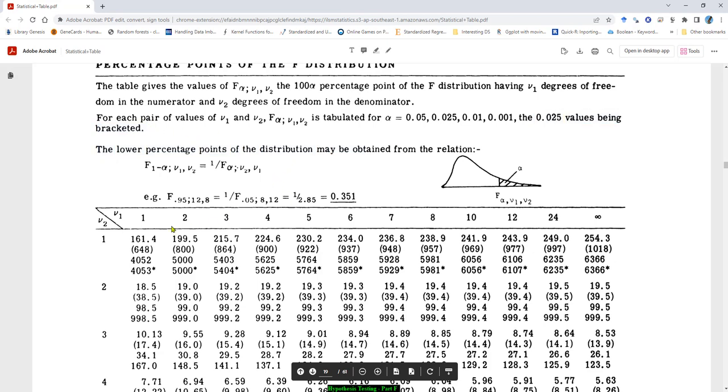Kan? So the first one yang atas sekali dia kata represent 0.05. And second one represent 0.025. The third one represent 0.01. The last one represent 0.001. Right? And dia kata dekat sini 0.025 is being bracket lah. So yang semua yang dalam bracket ni adalah alpha 0.025.